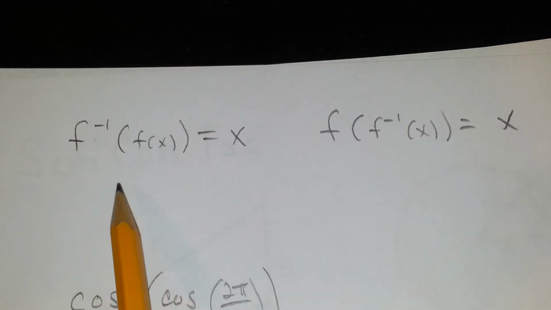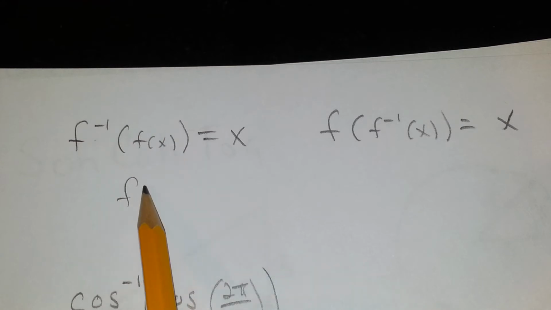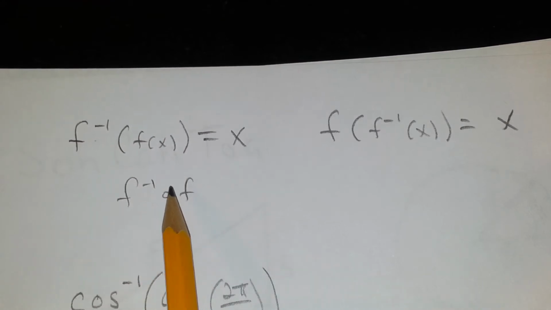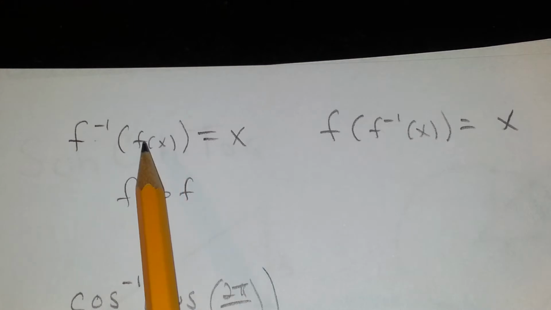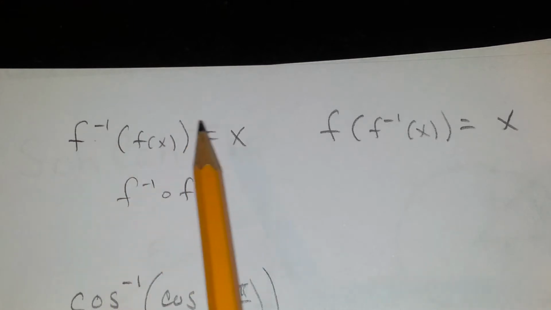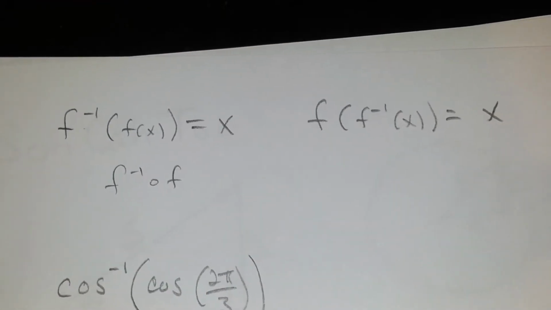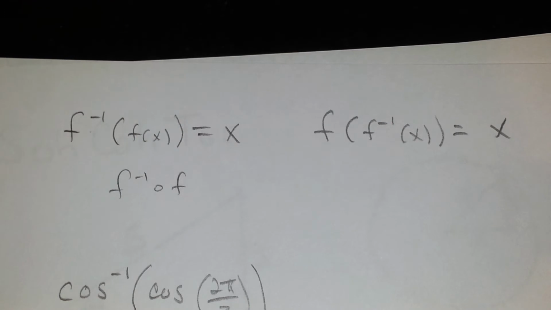This is the inverse function composed with the function, f inverse circle f. I plug x into f, and the output f of x is now the input for the inverse. And if they are indeed inverses, you just get back x. That was one of our tests for those composite functions.